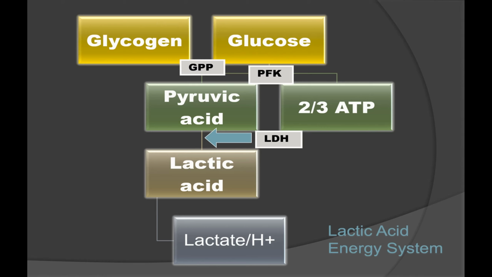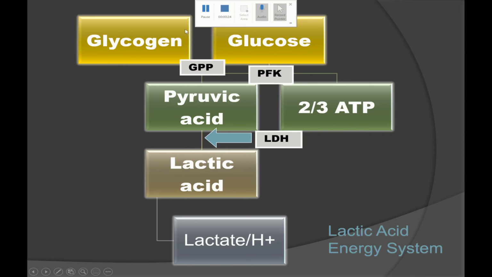Anaerobic glycolysis simply means the breakdown of sugar in the absence of oxygen, hence the word anaerobic. And whenever we see "lysis", whether that be hydrolysis or glycolysis, within sports physiology we're talking about the breakdown of a substrate. Substrate is just a fancy word for fuel.